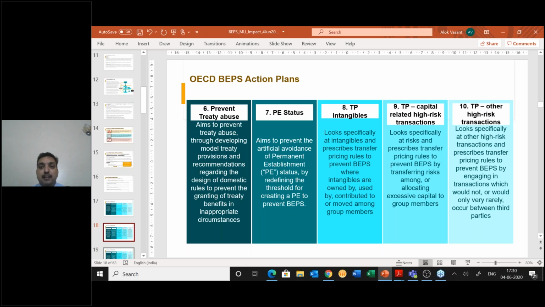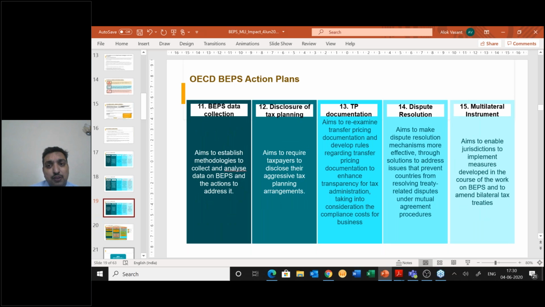Action Plan 9 relates to capital related high risk transactions, and Action Plan 10 talks about other high risk transactions. We're not covering all this in detail in view of the time that we have, but the idea is to give you a sense of what all the action plans are about.